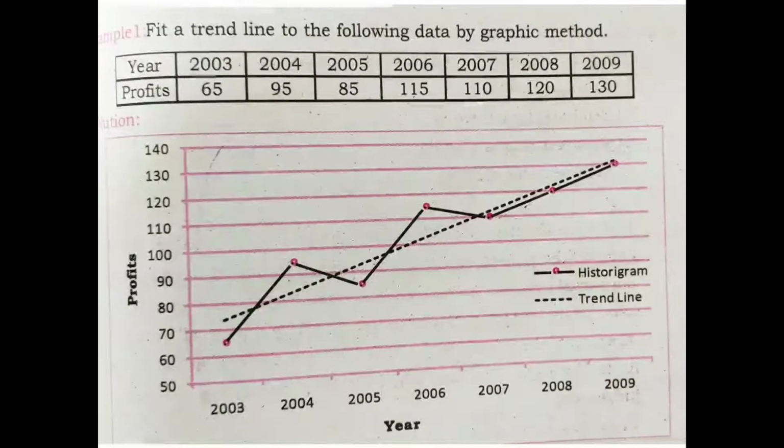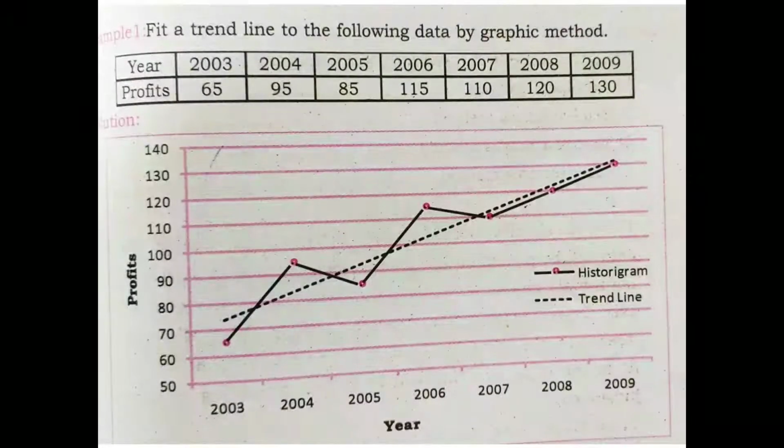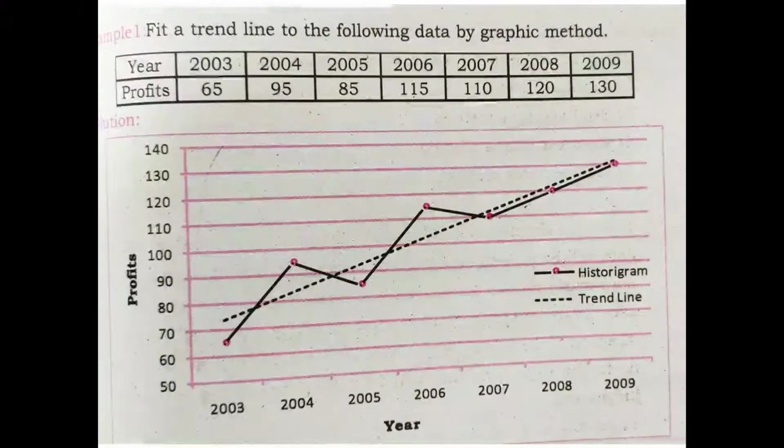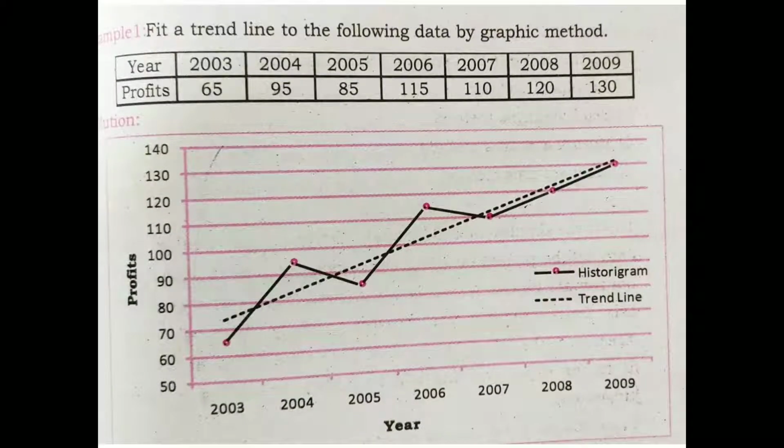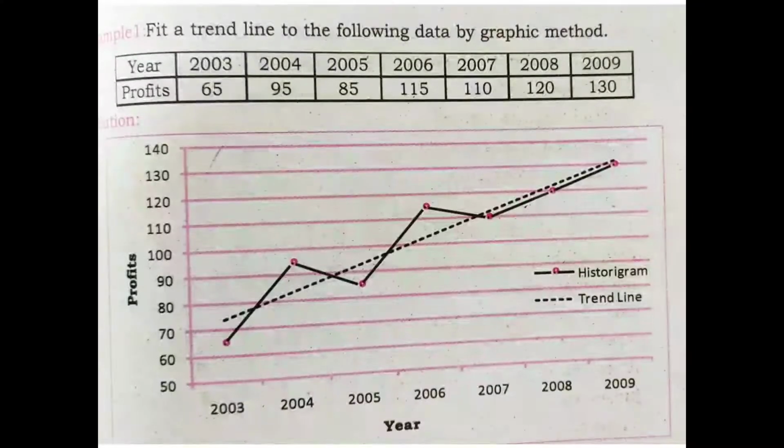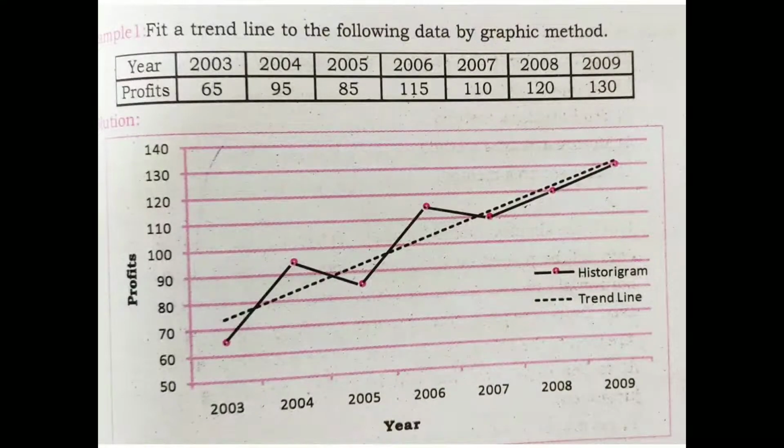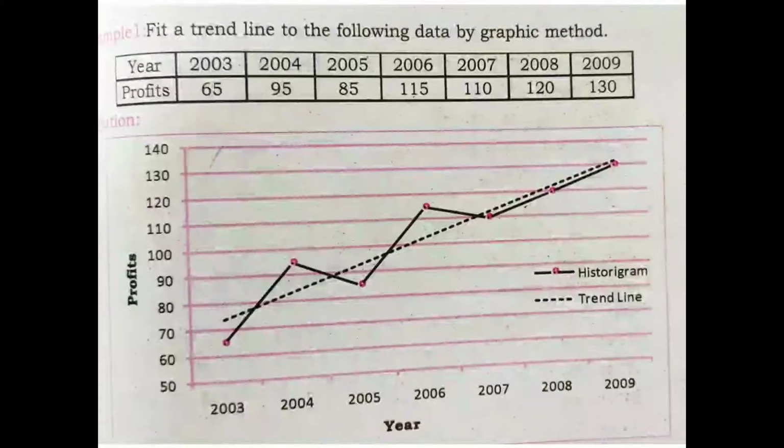First example: fit a trend line to the following data by the graphic method. The data has been given, and we need to directly plot it over the graph. The data is given with respect to profits. So time, that is the years, should be taken on the horizontal axis and profits on the vertical axis.